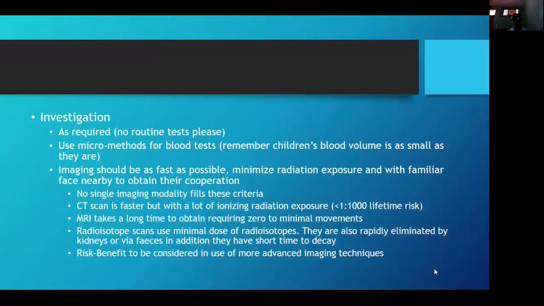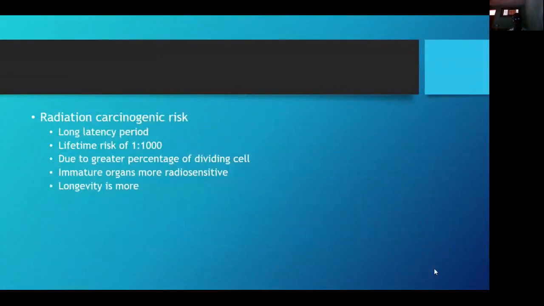But where it will be possible, you use simpler modalities, provided they will give you the appropriate diagnosis. Those are just some key guidelines. So we'll just quickly take a look at some issues, especially with respect to radiologic investigations. That is radiation carcinogenic risk.